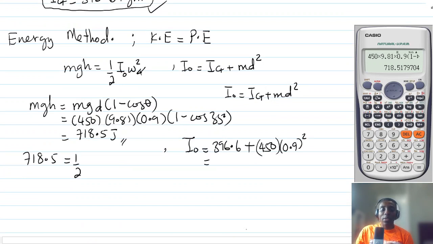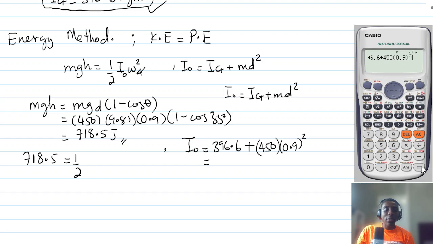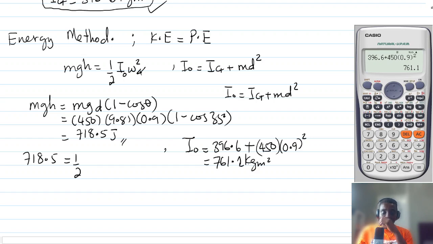So that's the I naught. 396.6 plus 450 multiplied by 0.9 squared, and essentially that's going to give me 761.1 kilogram meter squared. So this is the total inertia.